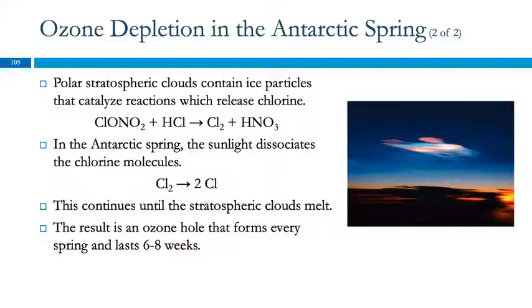And so these clouds are frozen ice particles. The ice particles catalyze the release of chlorine from those compounds. And then in the spring, when the sunlight comes, there's all this chlorine that got released during the dark months, and the sun comes and photodissociates it, and then it destroys the ozone.